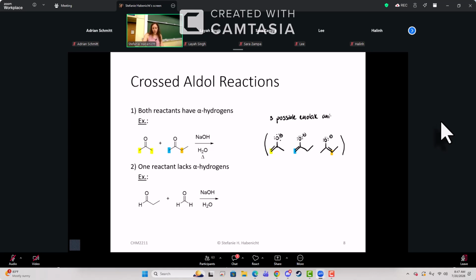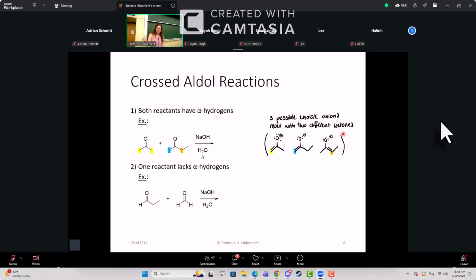Is there going to be one particular enolate anion reacting with one particular carbonyl compound to give one major product? Probably not, because we have these three different enolate anions, and they can react with two different ketones.